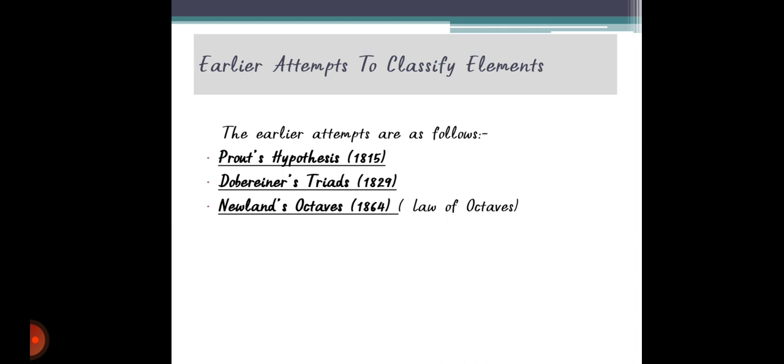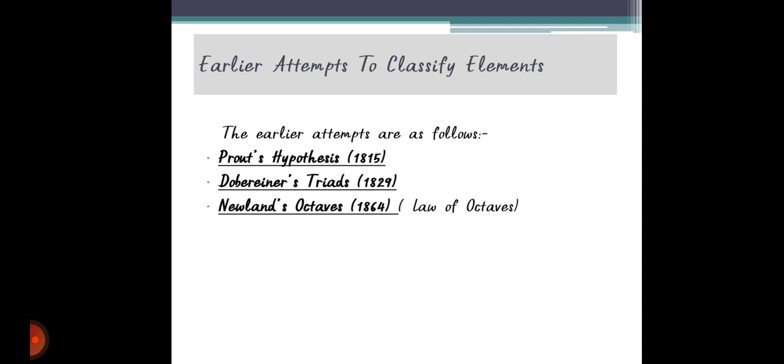So he compared this to the octave found in music, and therefore this classification was known as Newlands' octaves or the law of octaves. However, this classification had its own shortcomings, the main point being that Newlands could arrange elements only up to calcium out of the 56 elements known, after which the elements showed dissimilar properties.